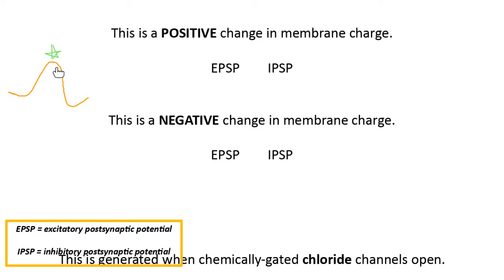But remember, neurons have to get all the way up to positive 30 millivolts. That's my charge all the way up here. For a neuron to be able to talk to its neighbor, it's got to go really positive. Neurons don't usually start very close to positive 30 at all.